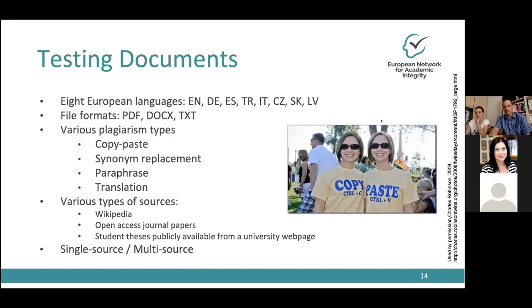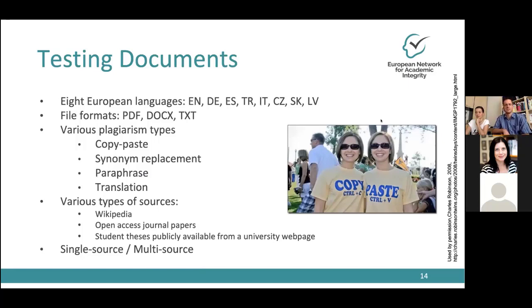We artificially plagiarized some documents. Some plagiarism was just copy-paste. In some documents, we replaced some words by their synonyms. In some documents, we used paraphrase plagiarism, and some documents were translated either from English to a particular language or also between languages.